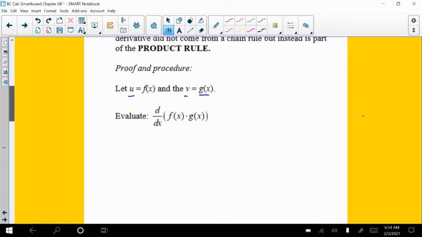So if I were to do the derivative of u times v, another way I could represent this is u times v as a derivative. Well, you'd have to do the product rule. So I'll say the derivative of u and leave v alone, plus the derivative of v and leave u alone.